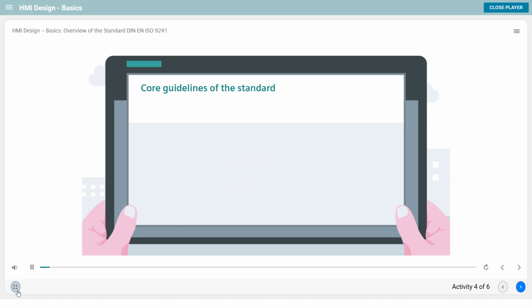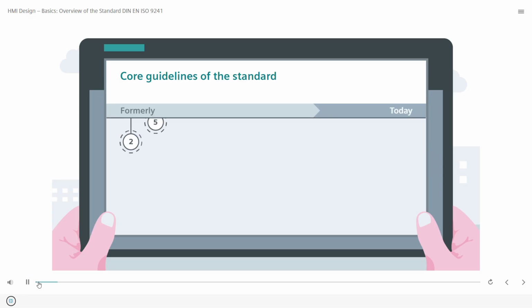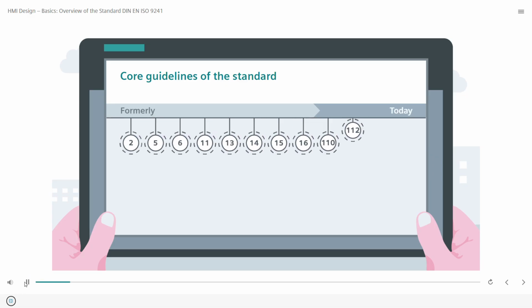As an introduction to the fundamentals that are still valid today, let's trace the chronological timeline of the DIN EN ISO 9241 standard's development. You'll now learn the essential parts of the original standard catalog, which at that time only had 17 parts.